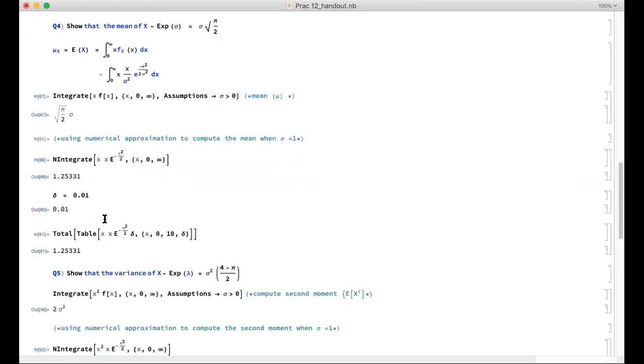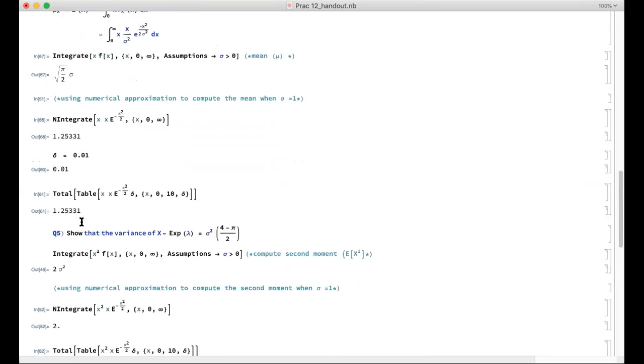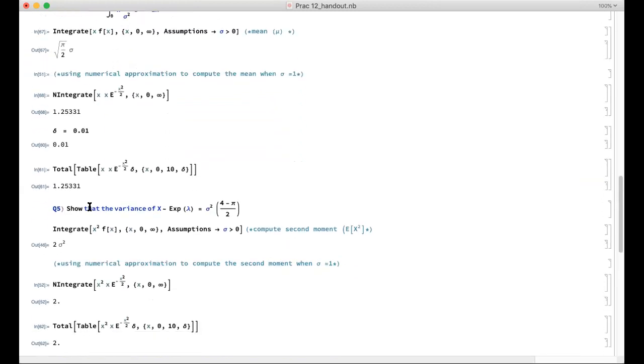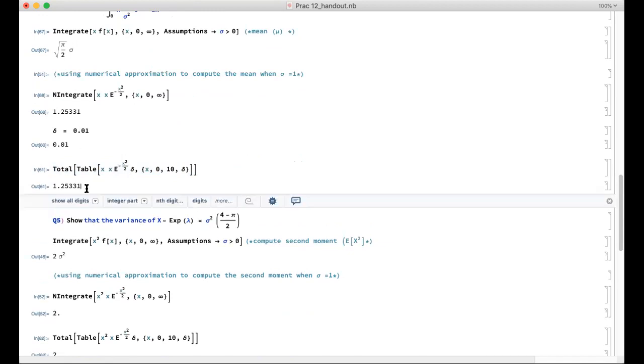The other method, if you want to evaluate the sum, is using Riemann sum. This is the code that I've used. With that, the small difference is 0.01 for the Riemann sums, which is also 1.5331. Okay.